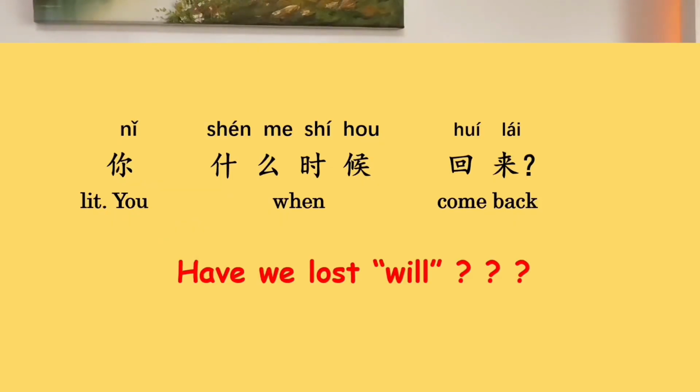But there is a problem here. Where is will? In English, tenses are usually expressed through the verb. Unlike English, we don't really have tenses in Chinese. That is, we don't change the form of the verbs no matter when things happen.